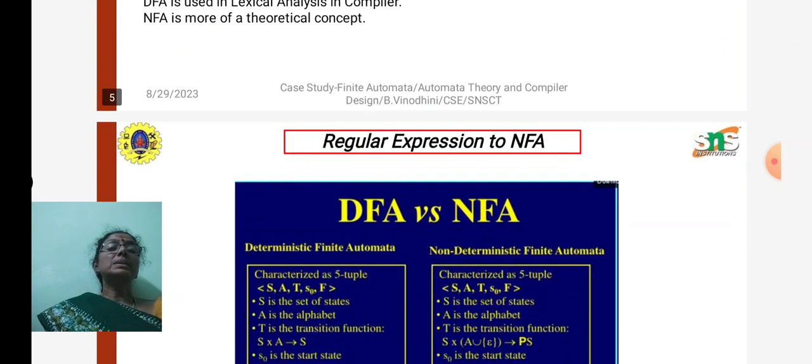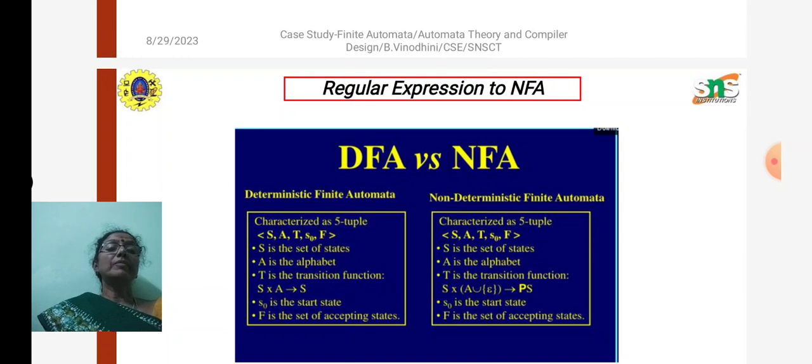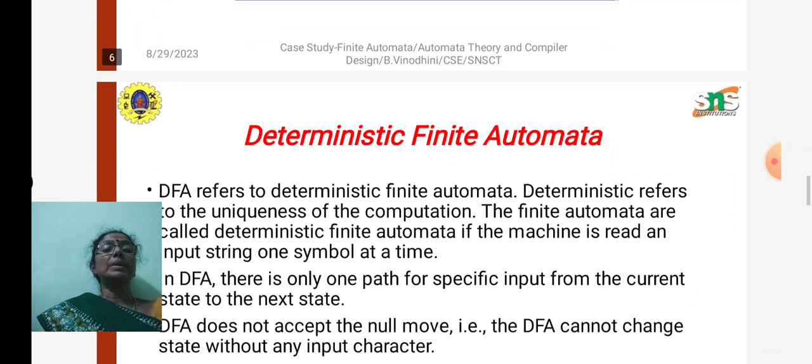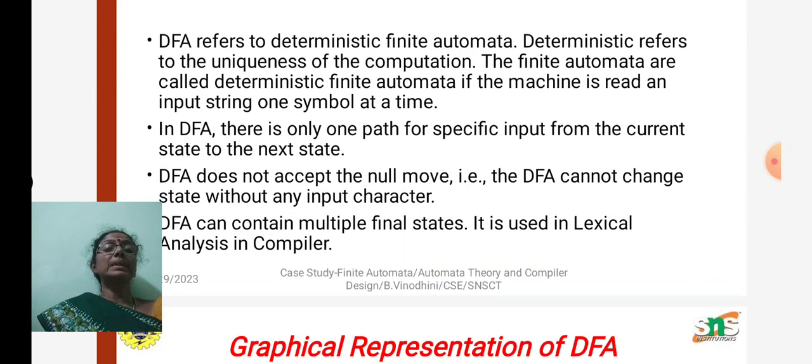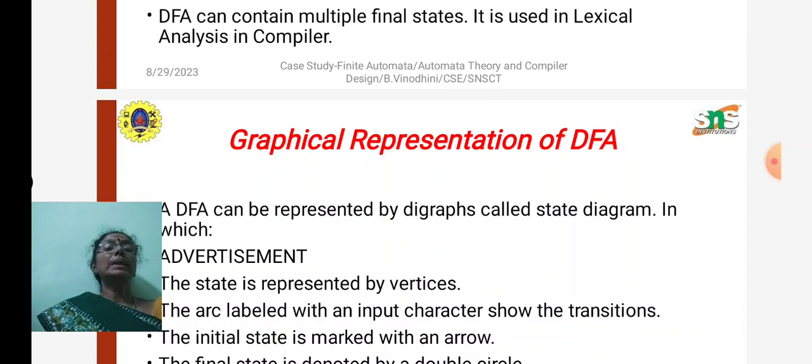So this is the difference between DFA and NFA. The main difference is only in the transitions. In a DFA there is no epsilon transition, and for each state the transition should go to only one state. That is the main property of a DFA.